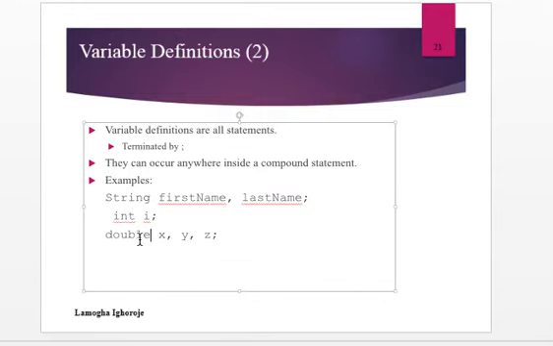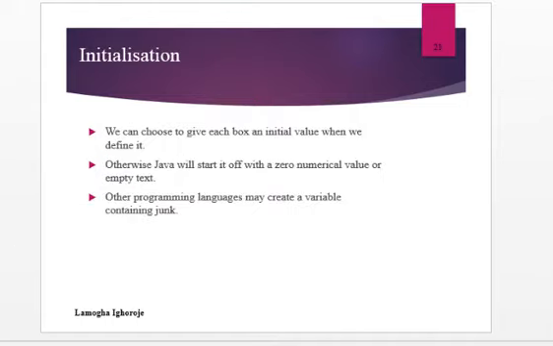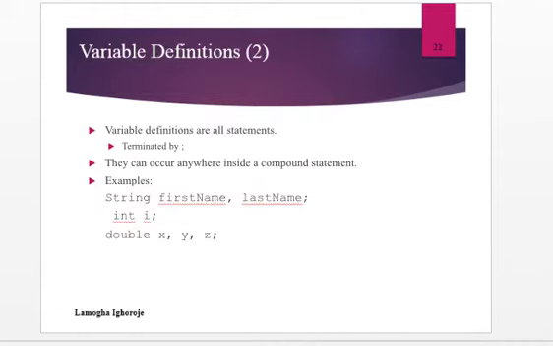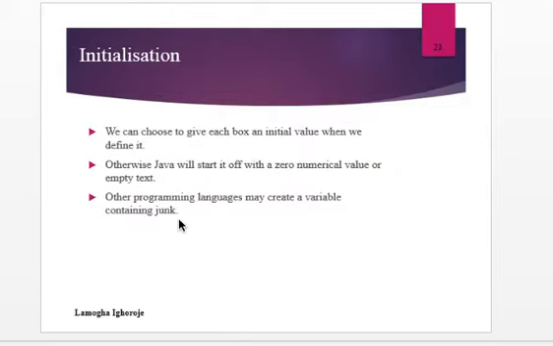And the same thing when you're declaring, or defining, sorry, you can call it declaring your variables. That's one thing you want to remember. Now, initialization: after you've defined a variable, the next thing is you need to initialize that variable.